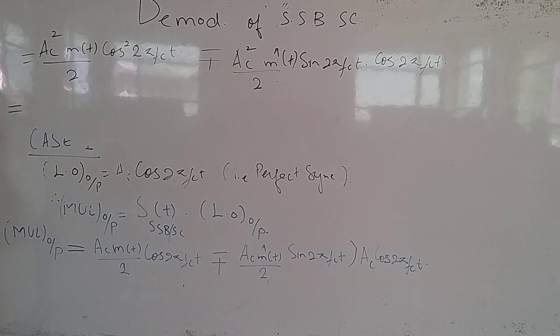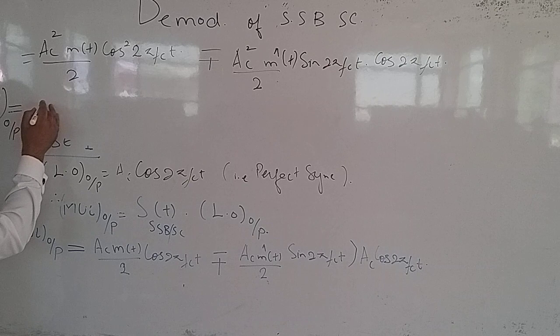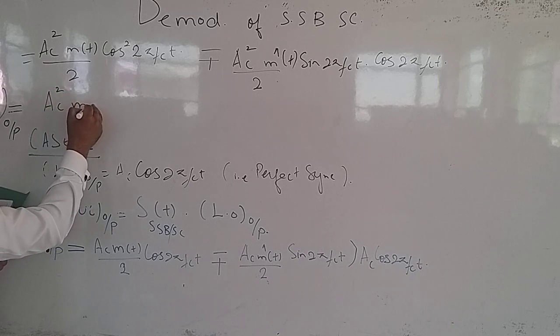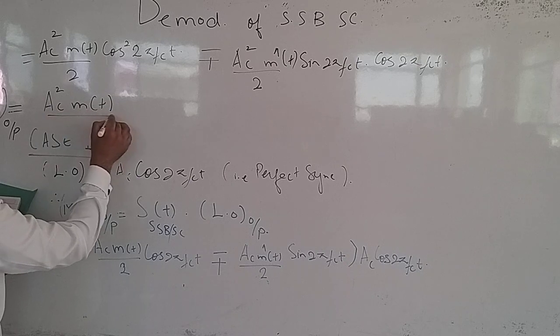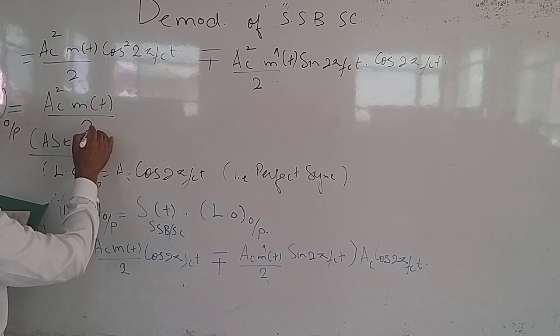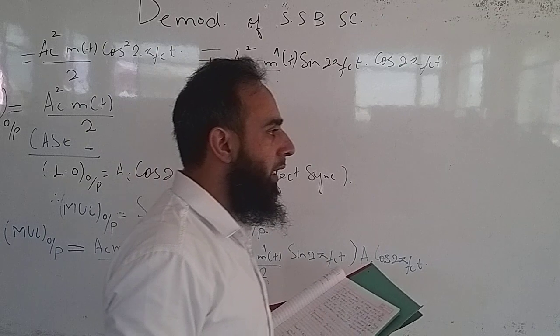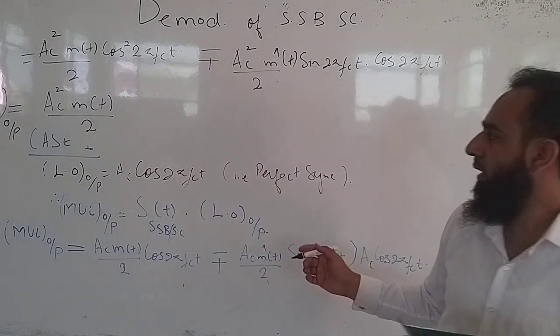The final output of your low pass filter will be Ac squared m of t divided by something, and we will pass this through an amplitude limiter.